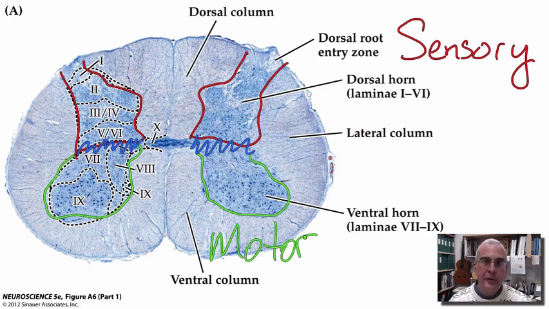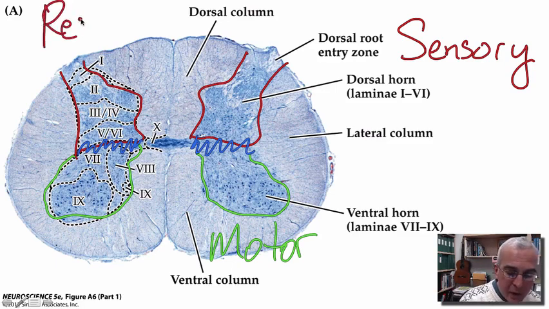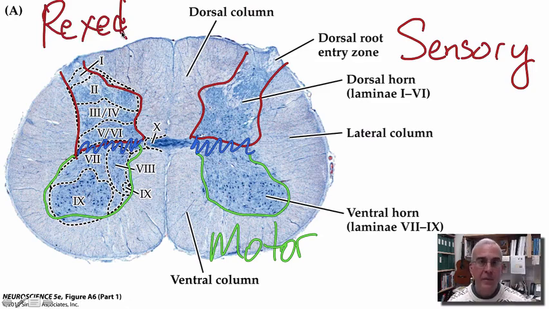And these strips have been recognized by anatomists over the years, and the scheme that seems to have stuck the best was proposed by an anatomist by the name of Rexed. And we call this scheme Rexed's layers, or Rexed's laminae of the dorsal horn. So that's what the Roman numerals are over here to the left side.